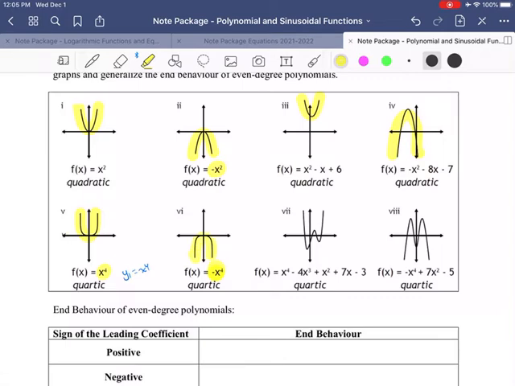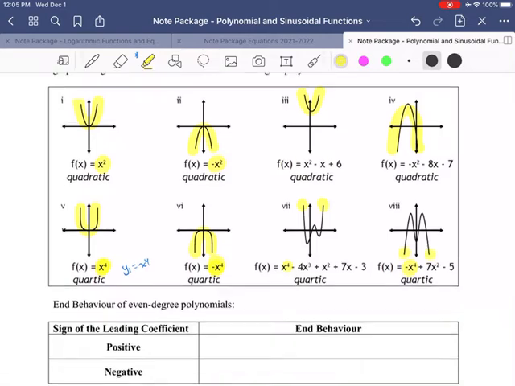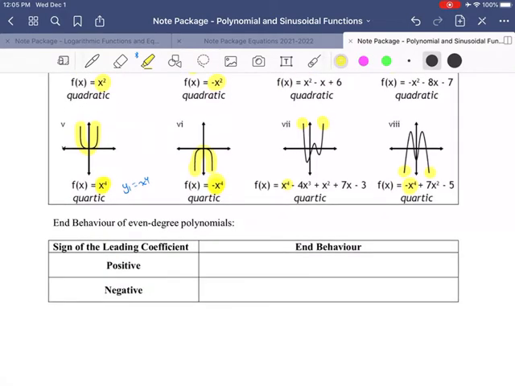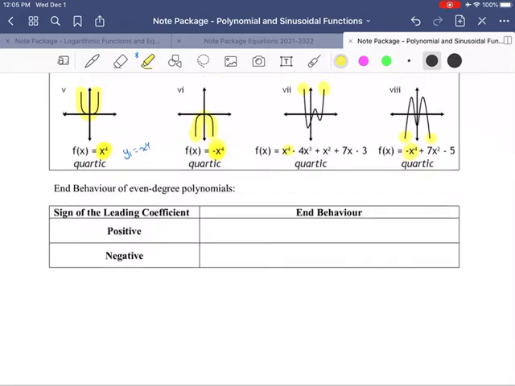And what do you notice about a positive quadratic and a positive quartic? They both go up. All right. This is still a quartic function because of our highest degree 4. But what do you notice about the ending points of your line? Again, they still face up. This is a negative quartic. And what do you notice about the endpoints? They both face down.